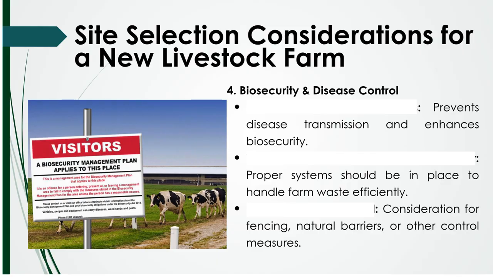We also want to anchor the biosecurity in your farm, right? This we have to follow, because once there is an outbreak, it will cause a huge loss to your farm.